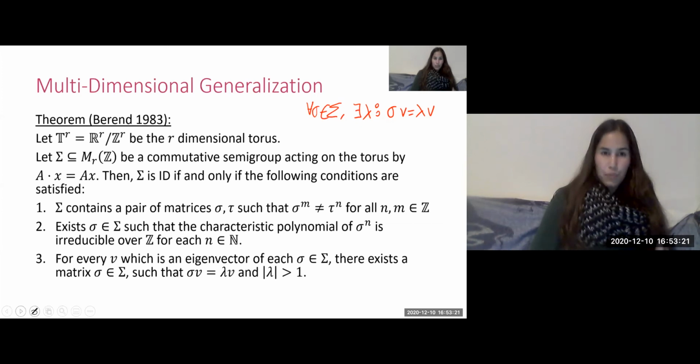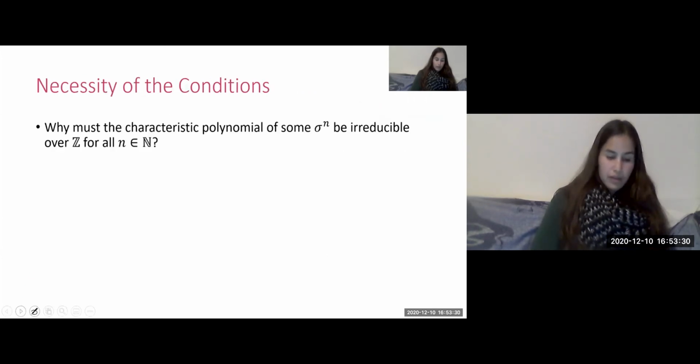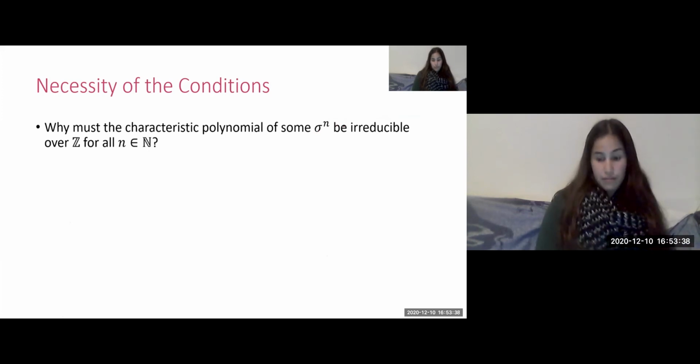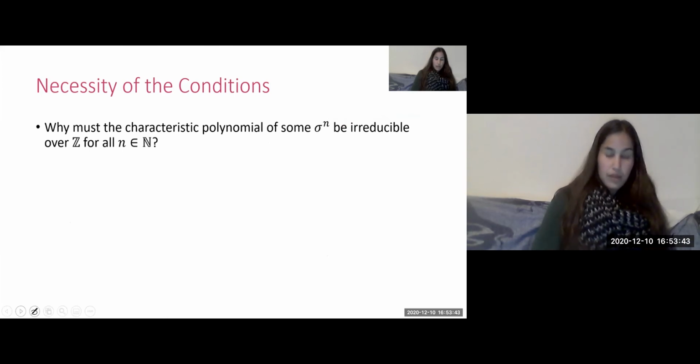So let's talk about why these conditions are necessary. I won't talk about condition 3. I'd like to talk about why condition 2 is necessary. Why must the characteristic polynomial of sigma to the n be irreducible for every n? Let's give a counterexample.